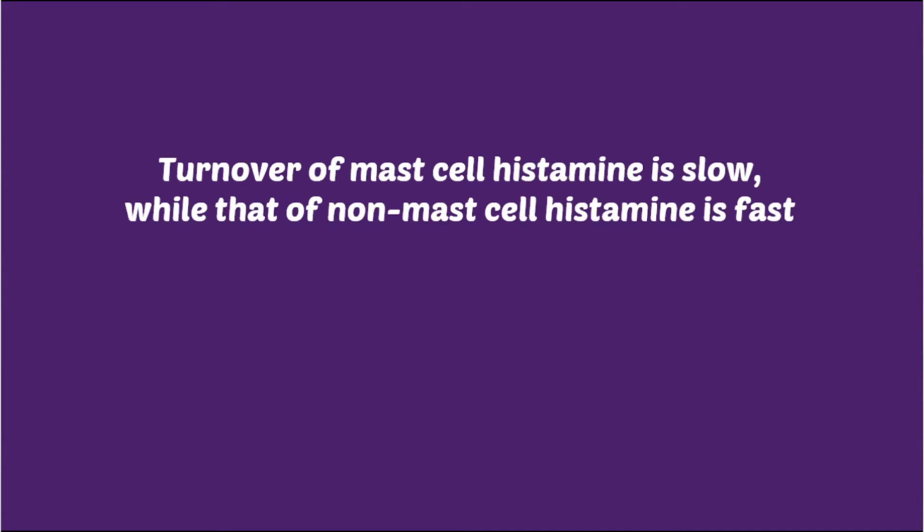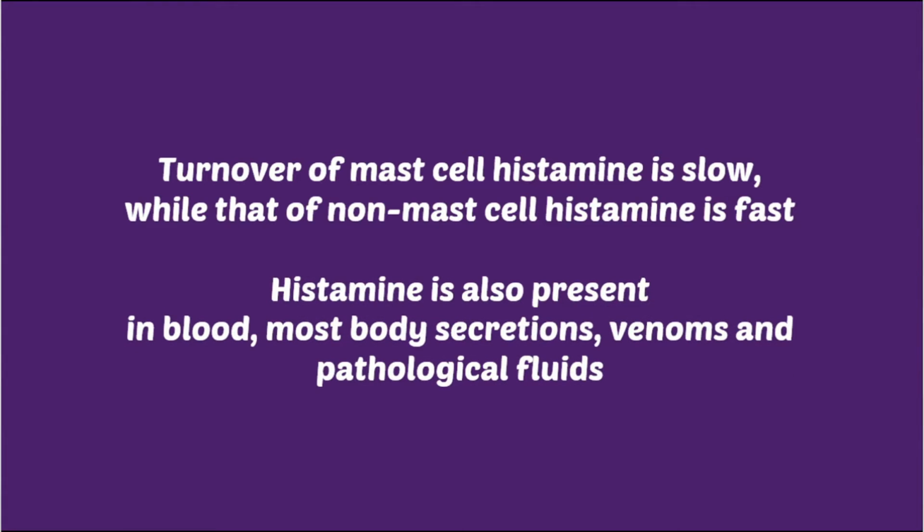Turnover is ultimately synthesis, storage, release and metabolism. So synthesis, storage, release and metabolism of histamine present in mast cells is slow, while in non-mast cell histamine it is fast. Histamine is also present in blood, mostly body secretions, venom and pathological fluid.